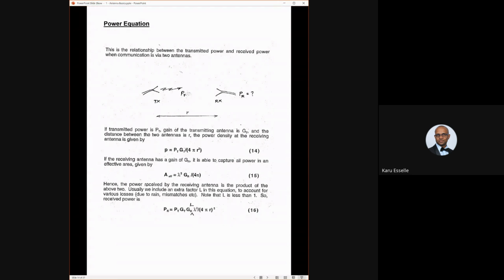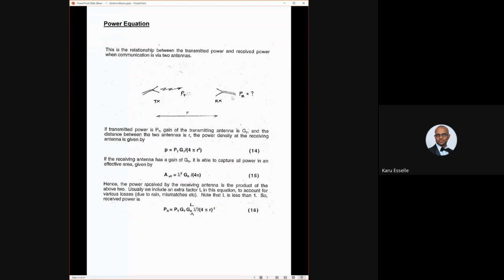But now we have a directive antenna with the gain of GT. Because of this antenna gain, because it's directing power more towards this and less in the other direction, it's better than an isotropic radiator.